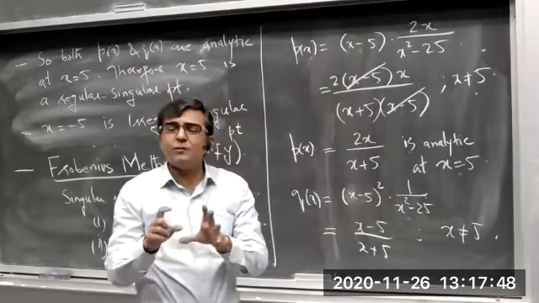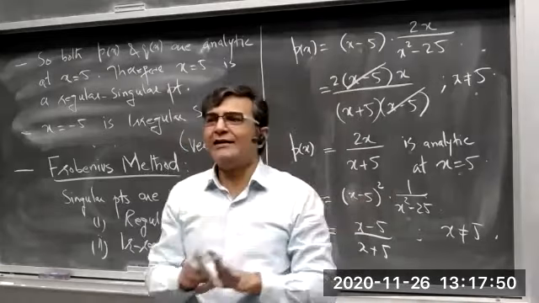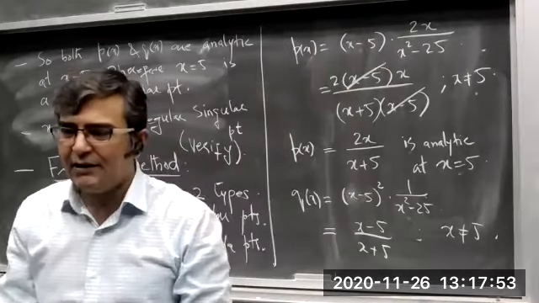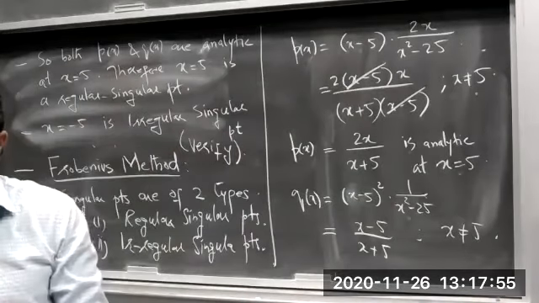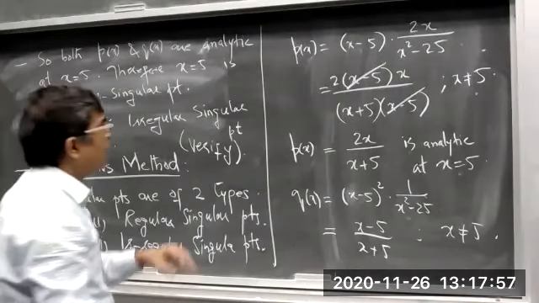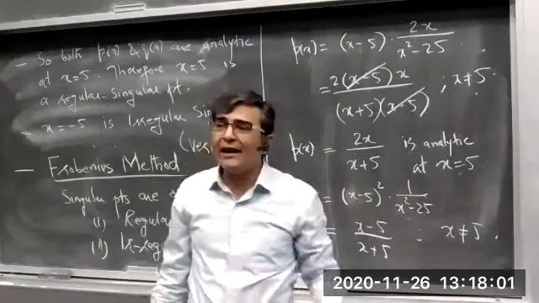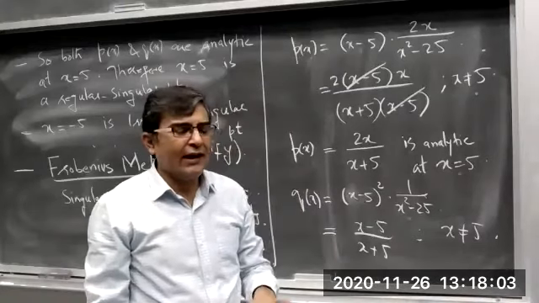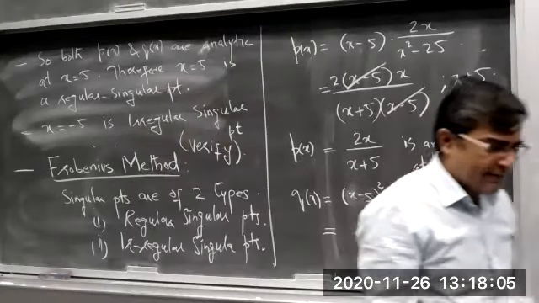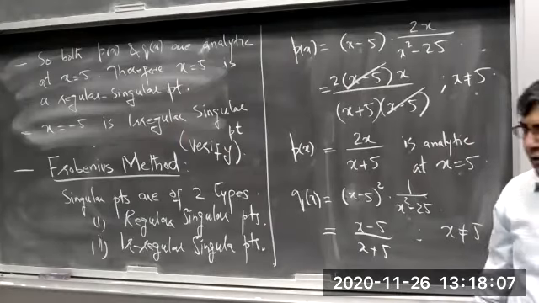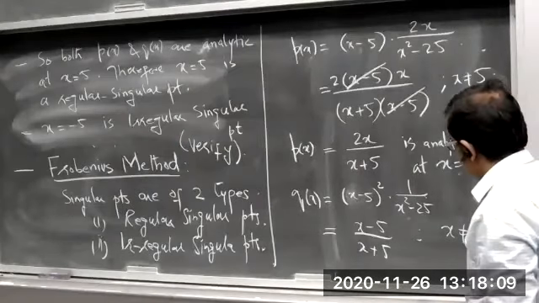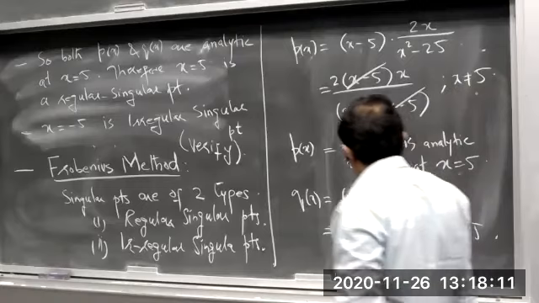We are trying to investigate whether this singularity is removable or not. अगर removable है तो हम कहते हैं कि ये regular singular point है, अगर removable नहीं है तो ये irregular singular point है, ठीक है। तो your question is I think right.